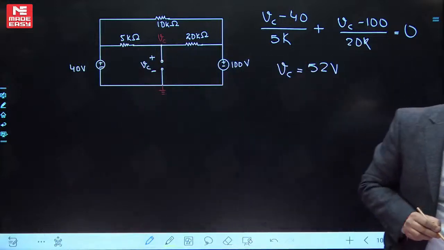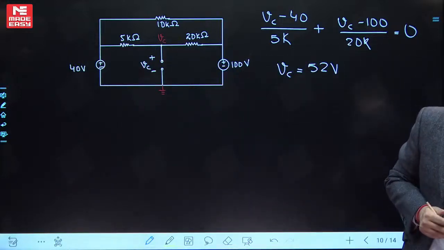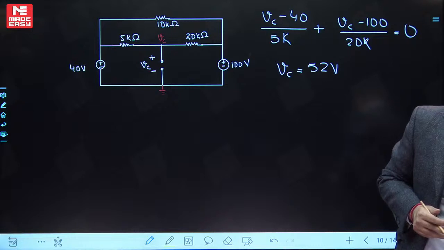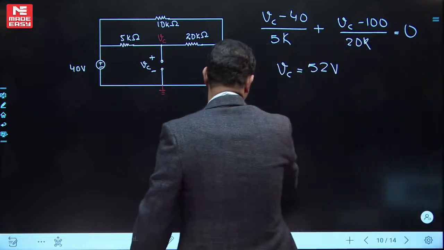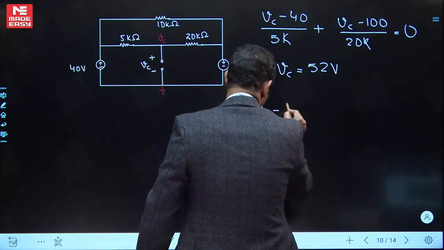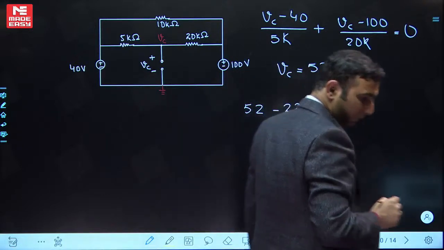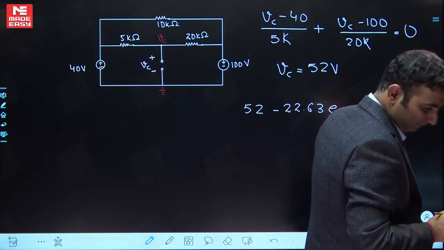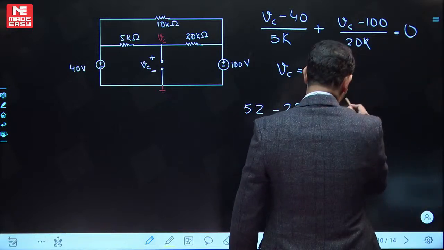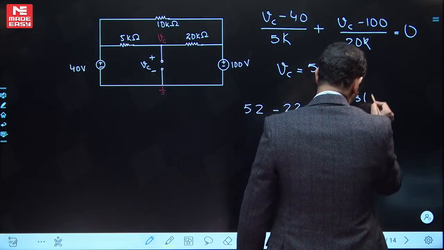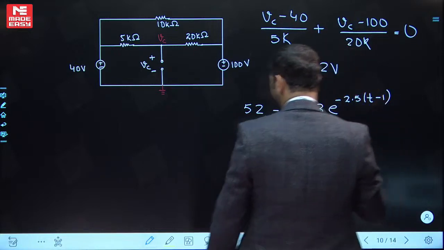So let me see what is the answer that we are getting, because time constant will be same, 0.4 second. So final answer will be 52 minus 22.63 e to the power minus 2.5, 0.4 को लिख दिया है, into t minus 1.